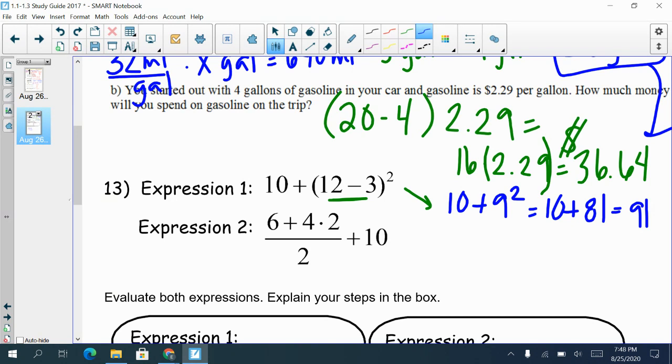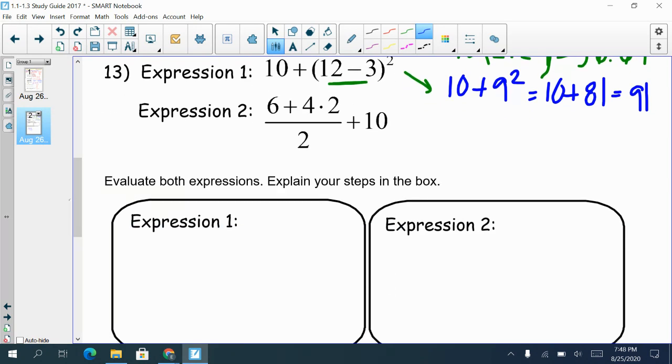All right, looking at expression 2. Oh, we got to write down here. I was like, I don't remember doing this. Okay, expression 1, we did step 1, we did parentheses. And inside the parentheses, we did 12 minus 3 equals 9.